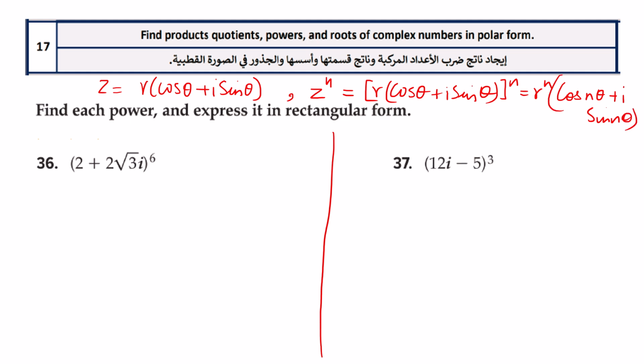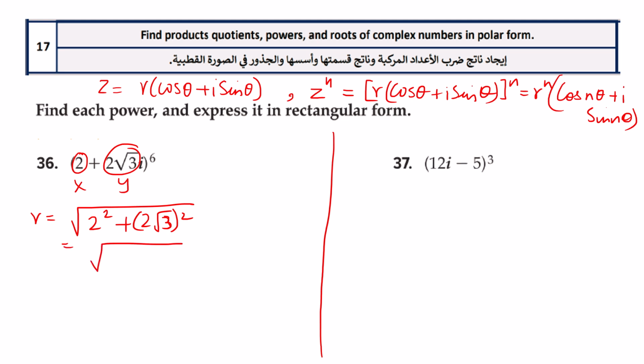So let's apply this. This is my x, this is my y. First I'm going to find my r and theta so that I can convert to polar form. This is going to be the square root of 2 squared plus 2 root 3 squared, which with your calculator comes out to be square root of 64, which is 8.